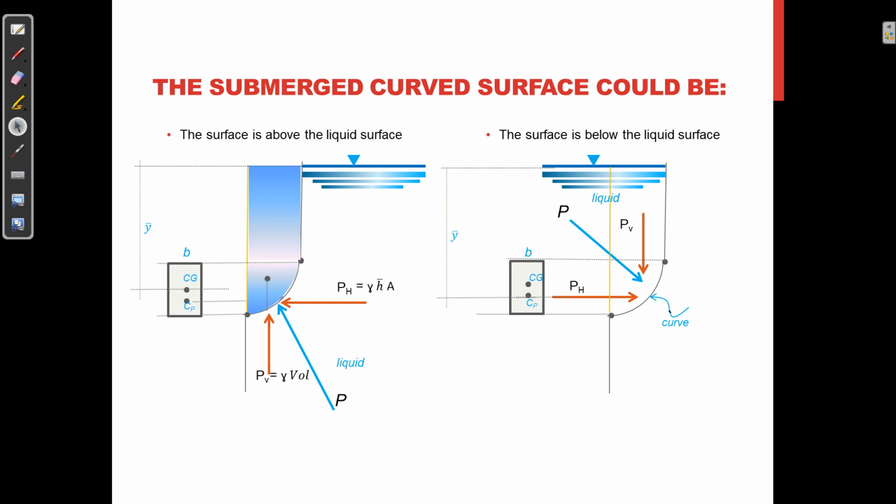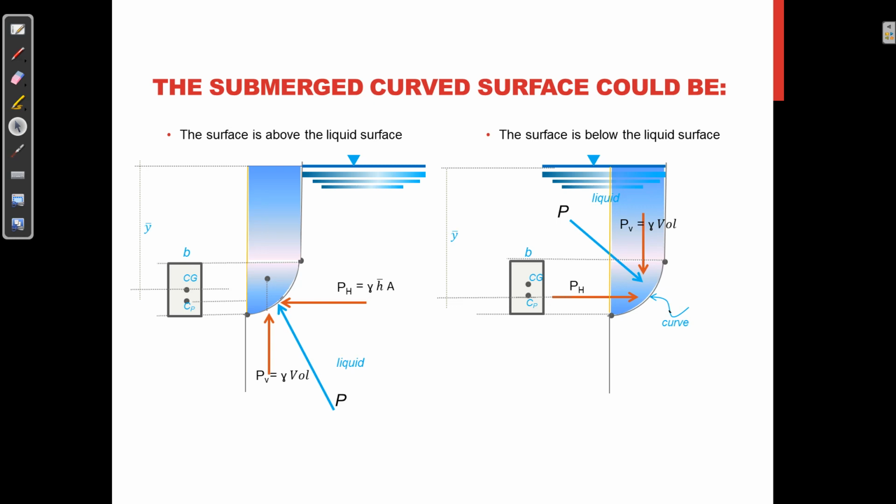And then, same procedure for our volume to be considered. Let us project the curved surface vertically upwards up to the liquid surface. And the area bounded by those projections will be the area to be considered in the calculation of the volume. So again, similarly, we have a rectangle and a quarter circle.